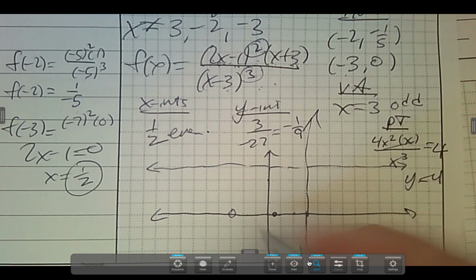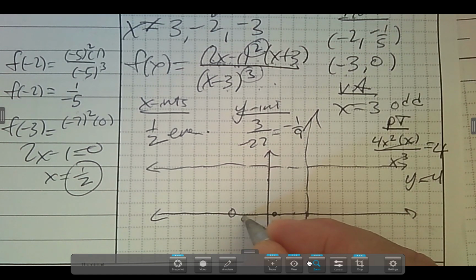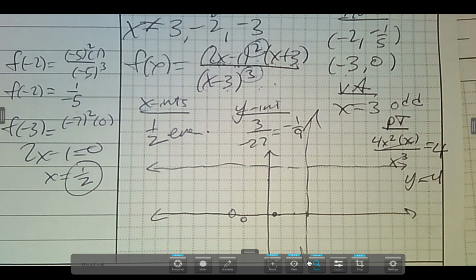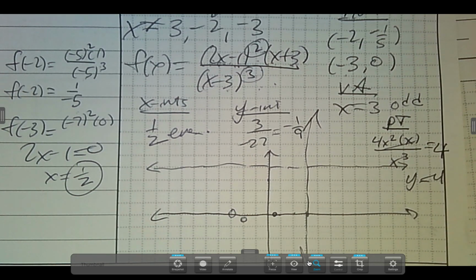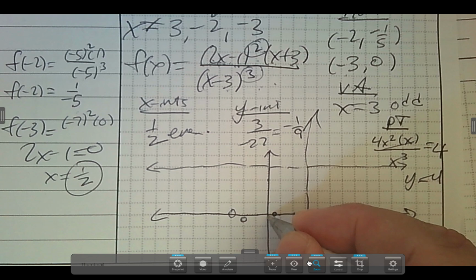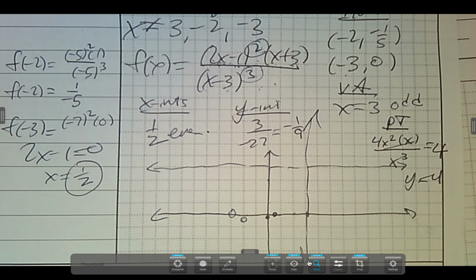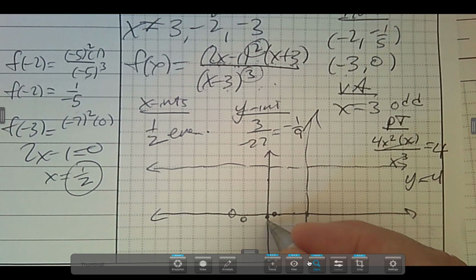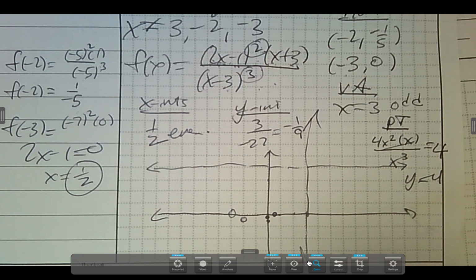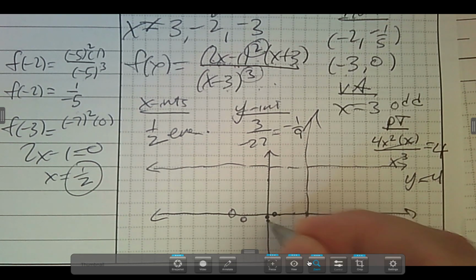I have another hole at -2 and -1/5. Just estimate where that is. I have a y-intercept at -1/9. That's here. Down a little bit here, somewhere here. -1/9 is not as low as -1/5. So yeah, like here.